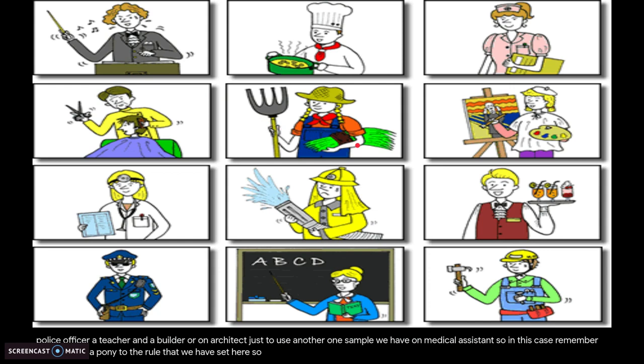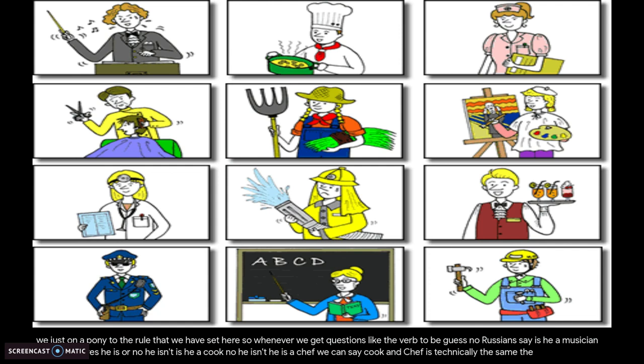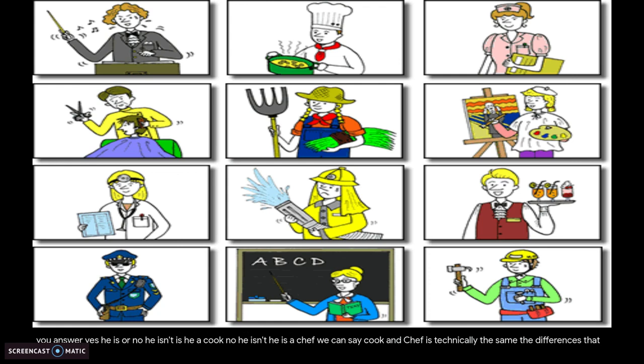So whenever we get yes/no questions with the verb to be, say, is he a musician? You answer yes, he is, or no, he isn't. Is he a cook? No, he isn't. He is a chef. We can say cook and chef are technically the same; the difference is the grade of professionalism that the person has.